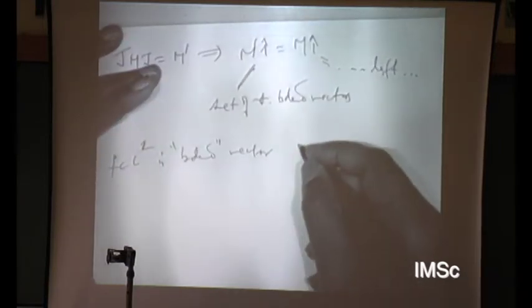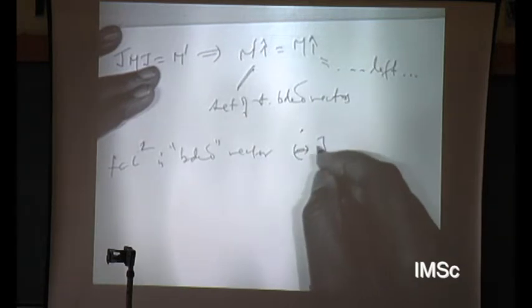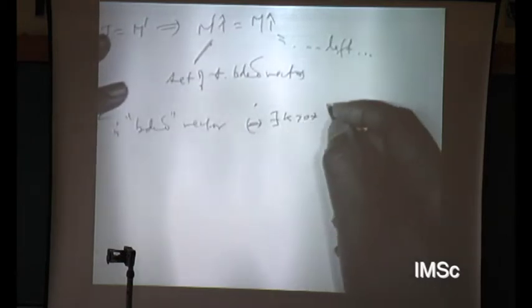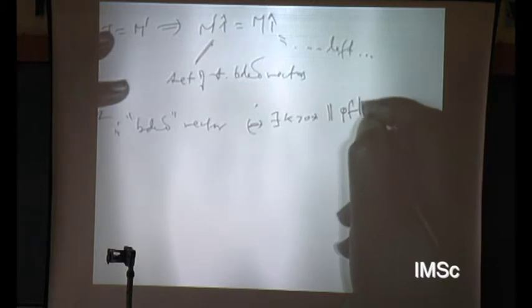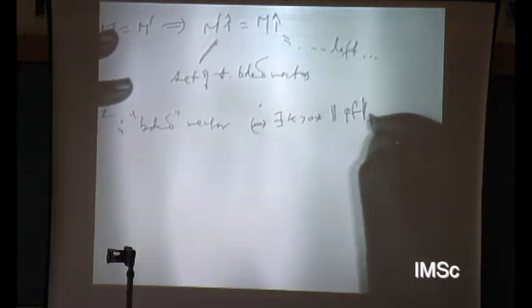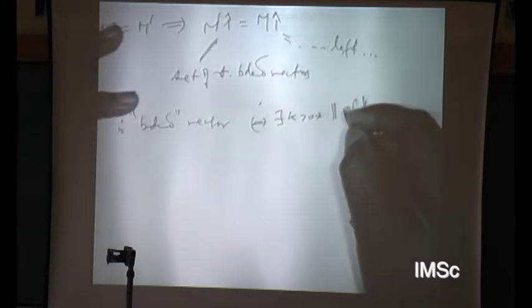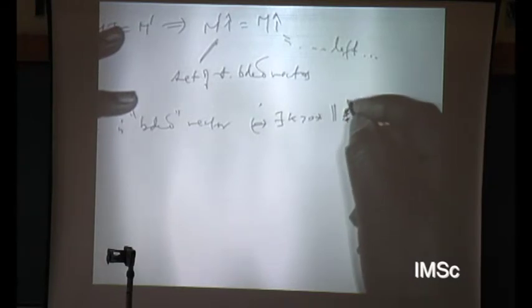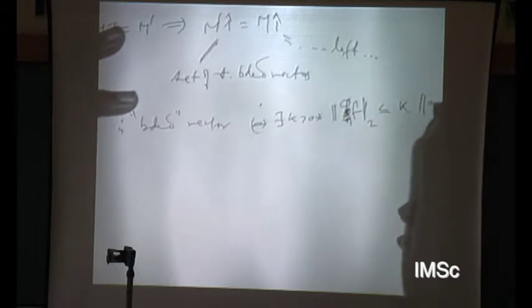So it is the statement that there exists a positive constant such that the L2 norm of phi F is bounded by a constant times the L2 norm of phi.